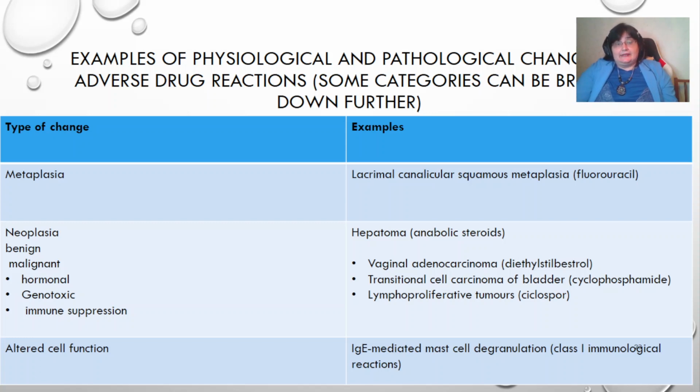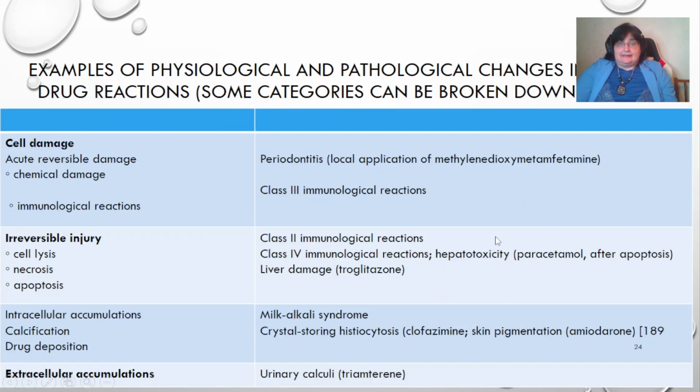In some cases, there can be hormonal pathogenesis causing vaginal adenocarcinoma, medicine diethylstilbestrol; genotoxin, transitional cell carcinoma of bladder, cyclophosphamide; and immune suppression, lymphoproliferative tumors, cyclosporine. Altered cell function: IgE-mediated mast cell degranulation, class 1 immunological reaction.